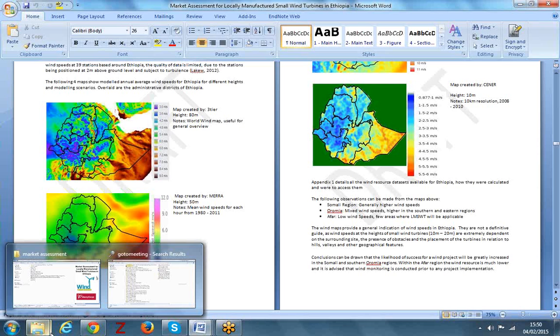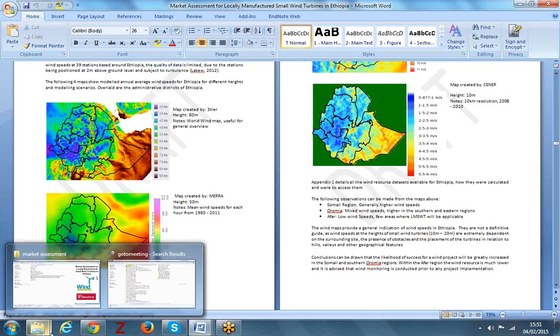In terms of the installation, we set out a specific document which said these are the requirements of the community. There needs to be a productive use, because that's what we were aiming for. It needs to be in a high wind area, and we sent them a document on how to site a wind turbine, how to find a good site with good wind, away from trees and buildings.